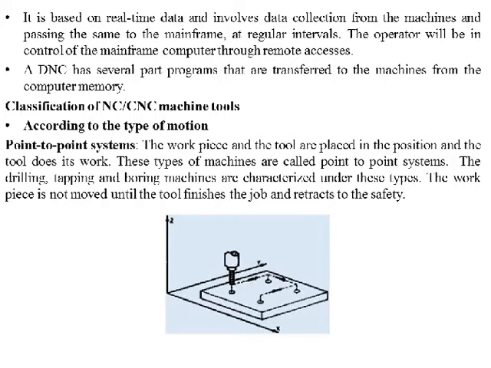Examples of point-to-point systems are drilling, tapping and boring machines. The workpiece will not be moving, it will be stationary, and the tool will be moving from one point to another point until the tool finishes the job, and after the completion of the job, it will retract back to its original position for safety purposes.